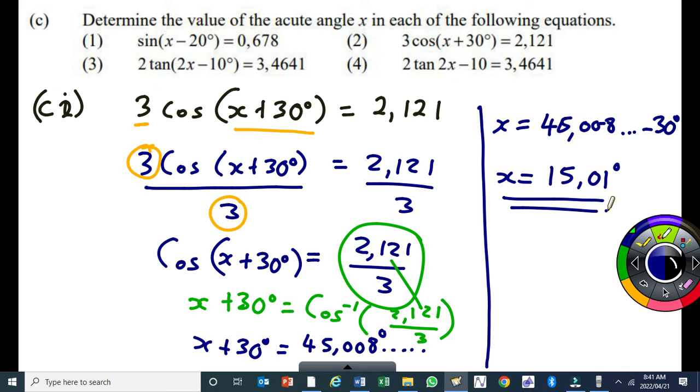Right. Maybe we can call this one method 1. Let's call it method 1. Method 2, we can use that substitution method. But instead of using x now, we have to use a different letter.